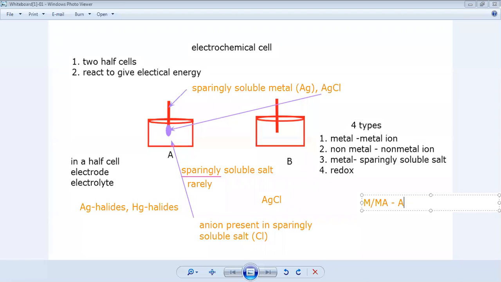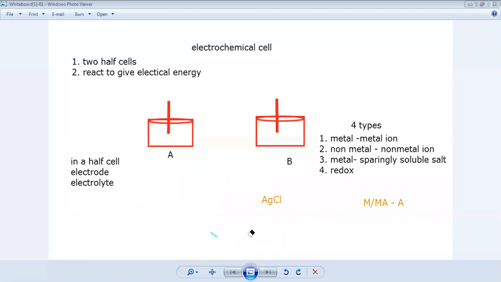Now the last part which is remaining, which is the last part remaining now? Redox. Okay. Now the redox. Now, redox means what?